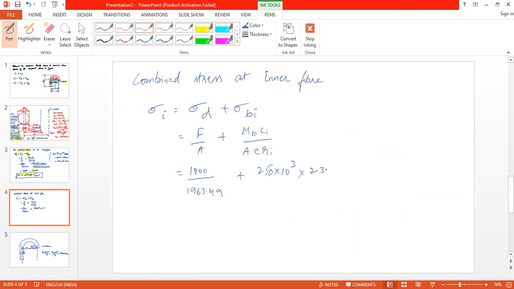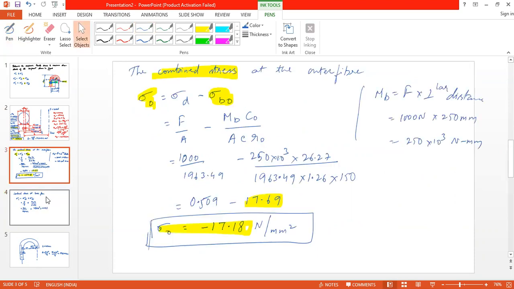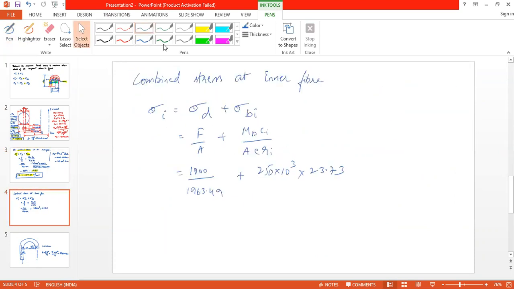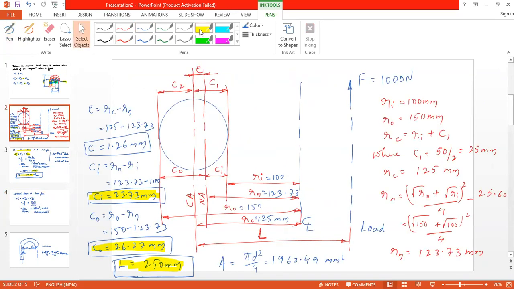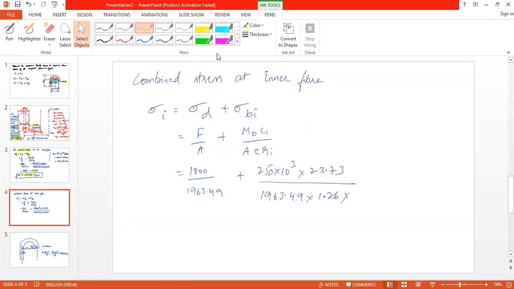And that divided by area, again 1963.49, and E is 1.26, multiplied by R I. R I is 100 mm. So here R I is 100.